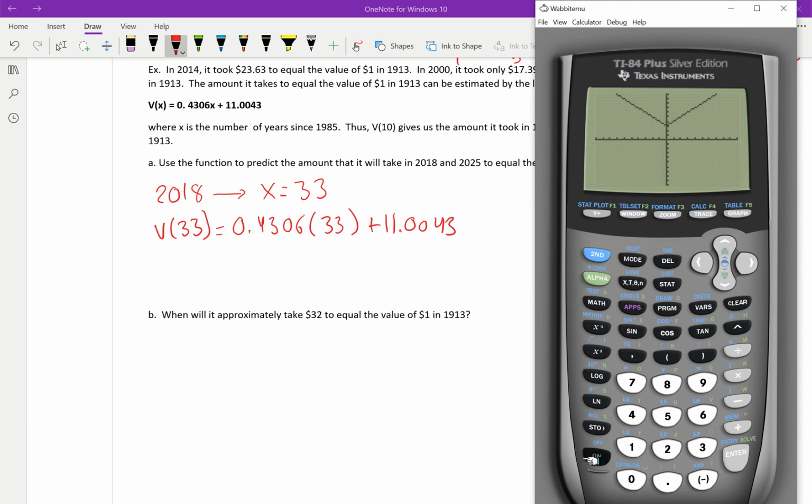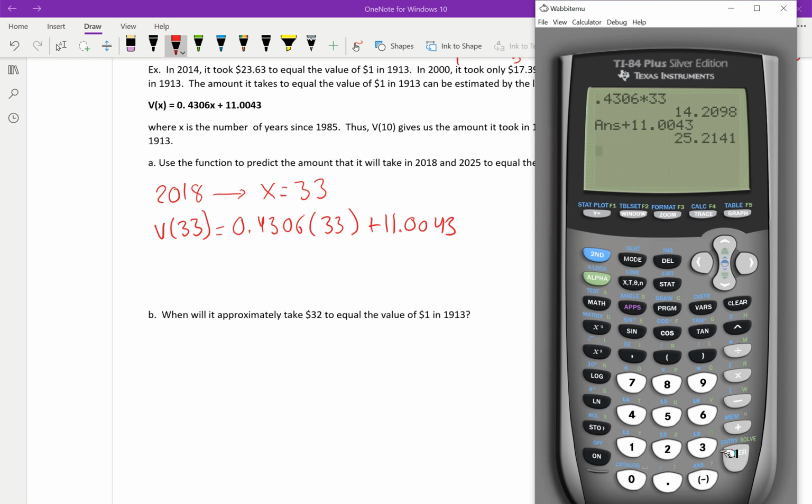So 0.4306 times 33, enter, plus 11.0043.